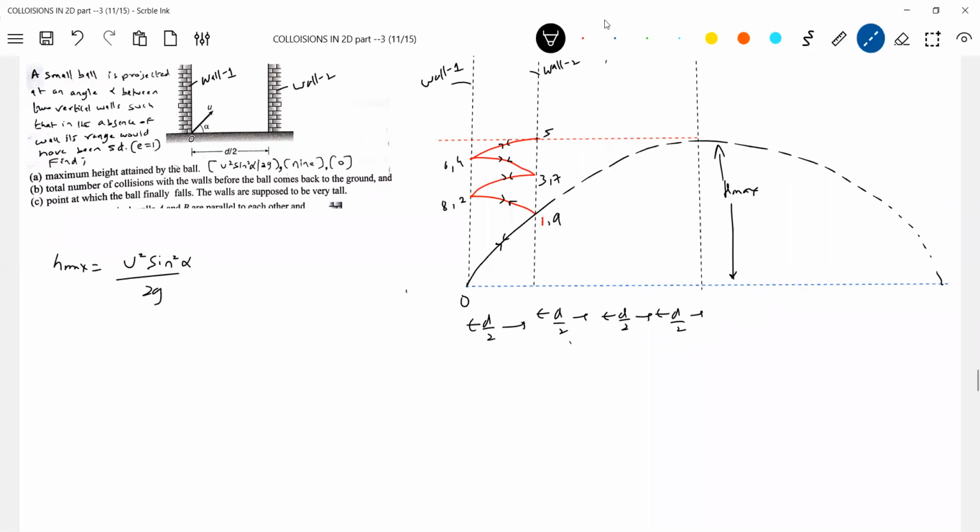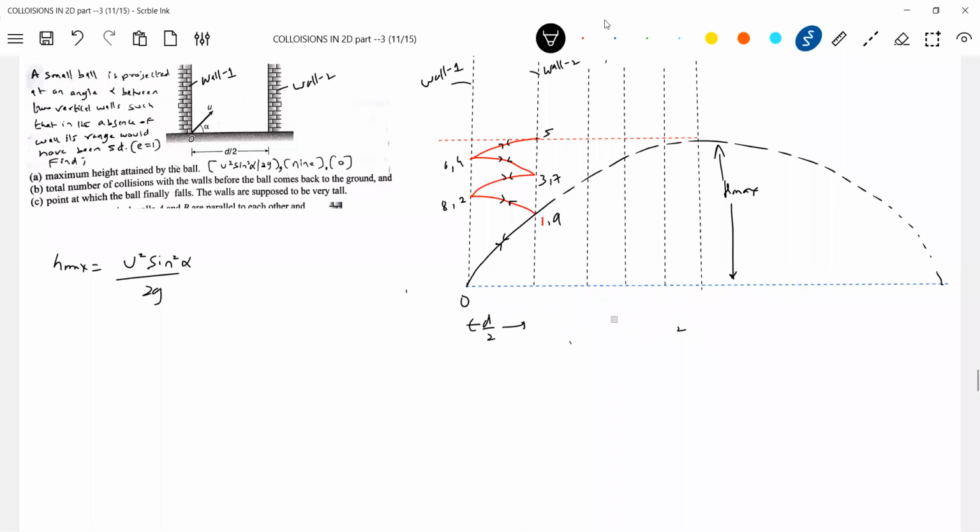I'll draw the vertical lines properly. So this is one. Rough diagram. So the range would have been 5d, no?